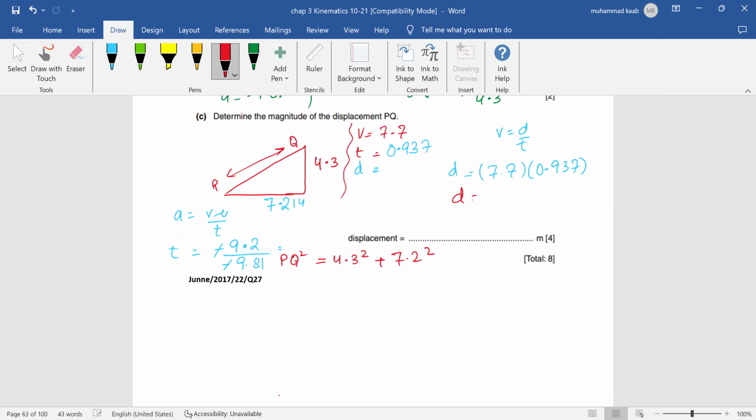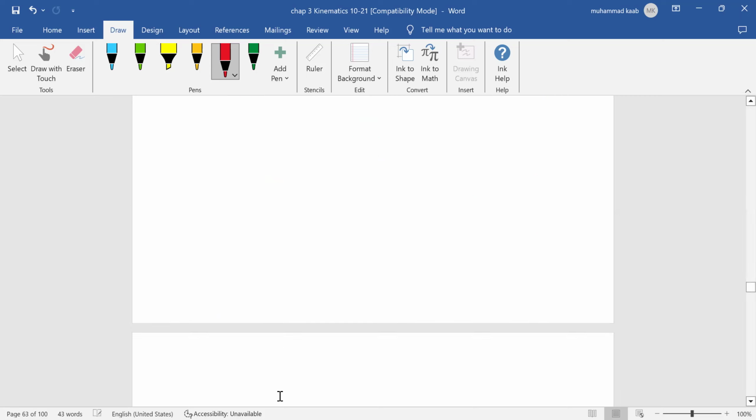So the horizontal distance is 7.2, right? 7.7 is the horizontal speed. I'm getting 70.33, and after rooting I'll get 8.38, so 8.4. Okay, very good, perfect.